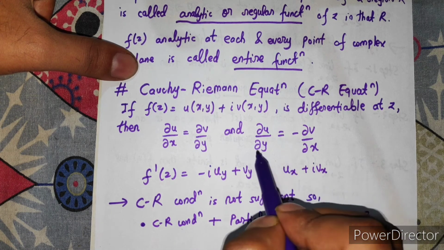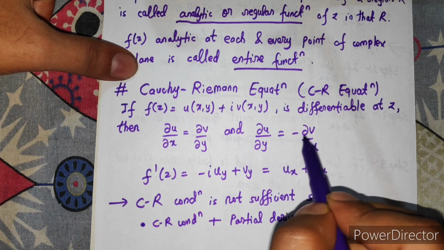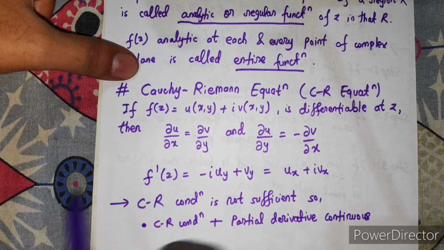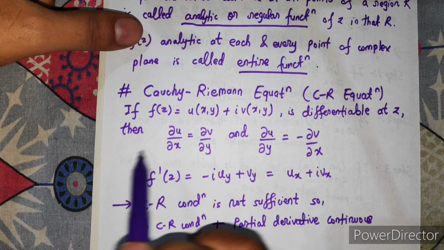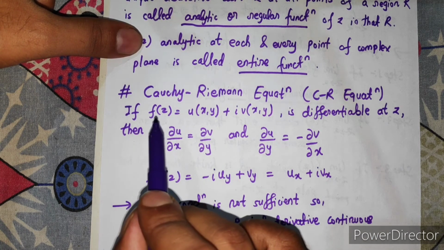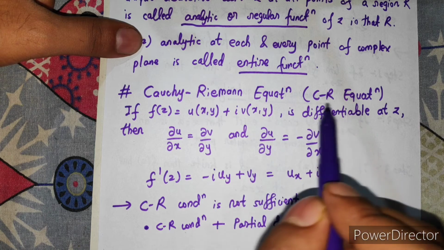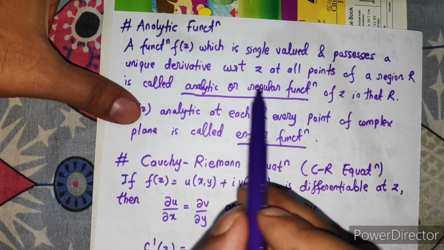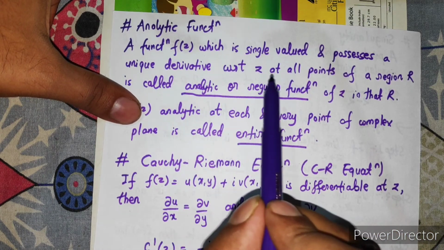Similarly, du by dy should be equal to minus dv by dx. You have to verify both these conditions. If they are satisfied, then you can say that f(z) is differentiable at z, which is what we require here: the unique derivative with respect to z.